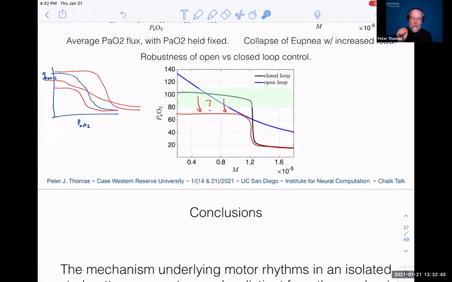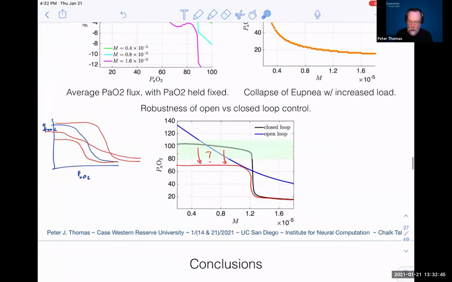So instead of just the pre-Bötzinger complex, there are a couple of other nuclei interacting with it, each of which has its own built-in oscillator. The pre-Bötzinger complex generates the inspiratory rhythm, but there's also active expiration, and a region that's active at the end of inspiration and during expiration.